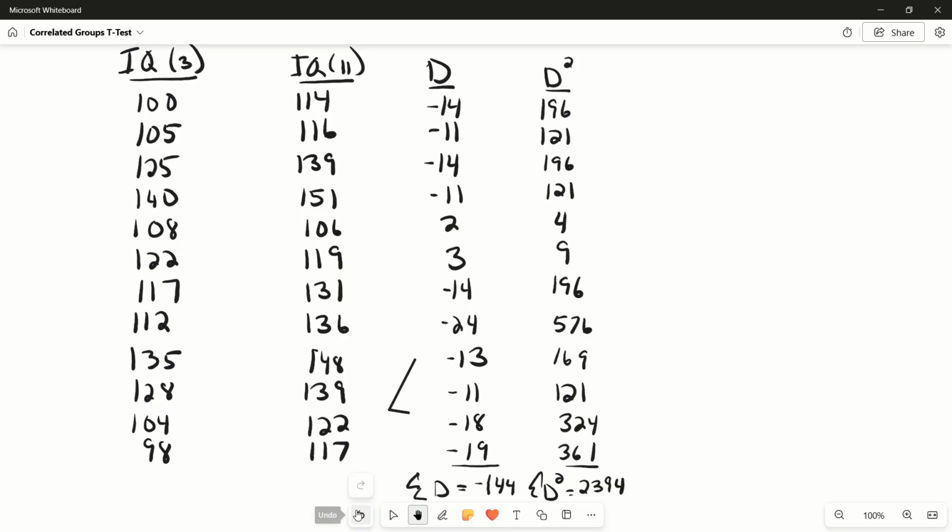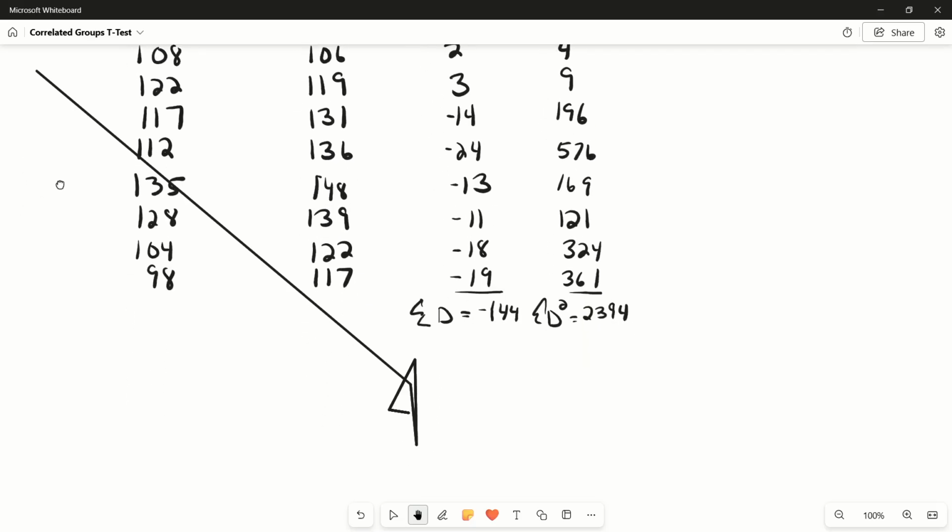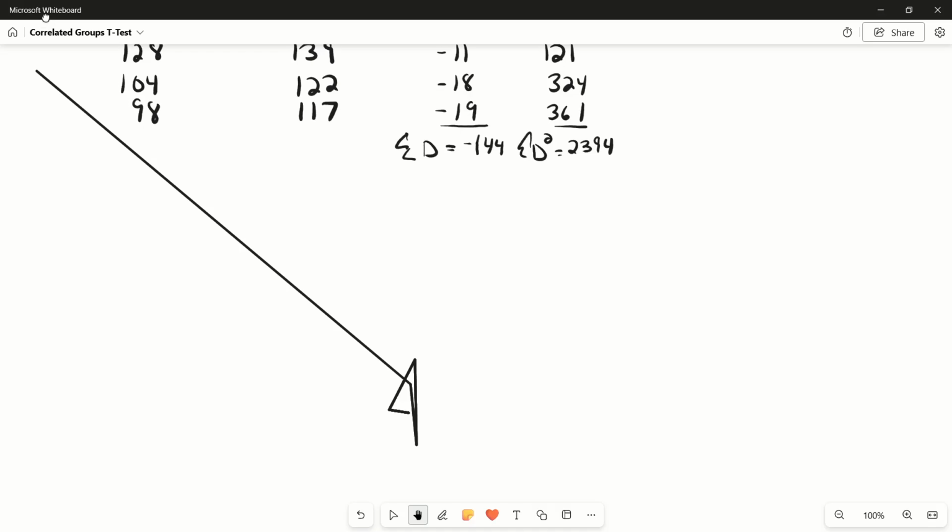This thing's going a bit bonkers here. Sorry about that. Sometimes it just starts going crazy. I've got to try to move this out of the way of this line here.